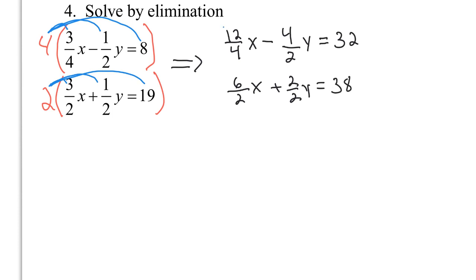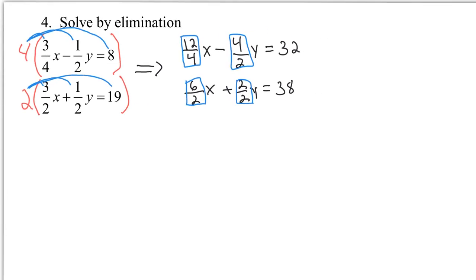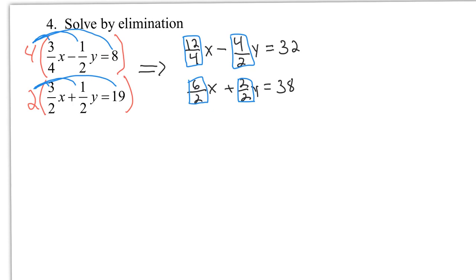We have the fraction 12 over 4, so 12 divided by 4, and 4 divided by 2, 6 divided by 2, and 2 divided by 2. Let's simplify those fractions, and that's going to get rid of the fractions that we started with. So it's going to be 3x minus 2y equals 32. That's the top equation. And on the bottom, 3x plus 1y equals 38.